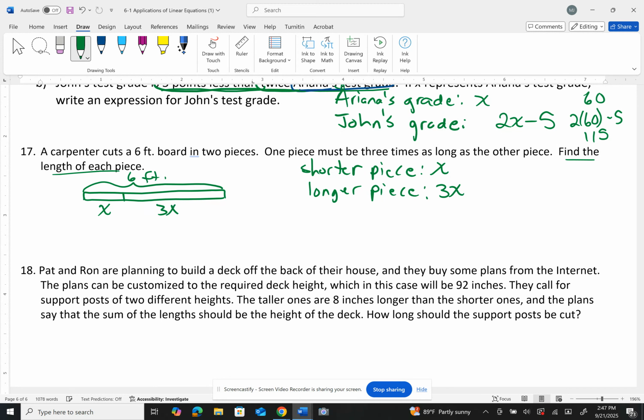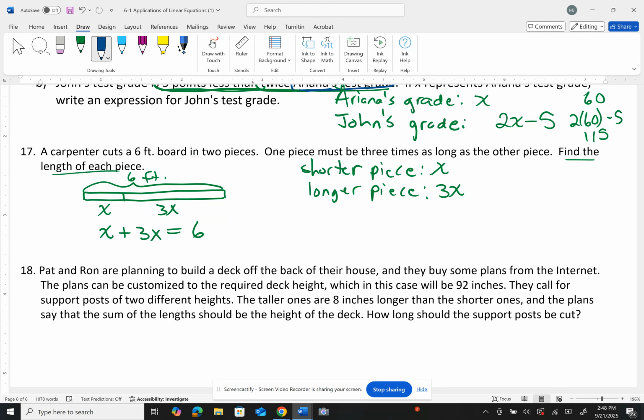So this piece would be 3 times that. But then I've got to be the one to see where an equation could come from. So that's where the diagram helps, because I'm cutting a 6-foot board. So it should be that if I add the length of the shorter piece to the length of the longer piece, I should wind up with 6 feet all total.